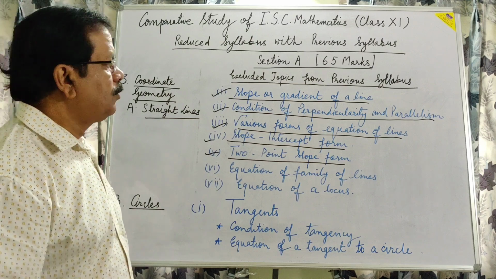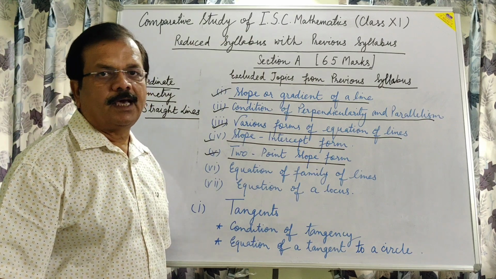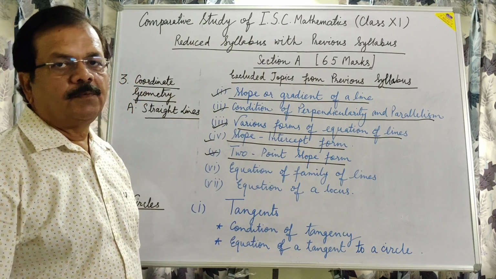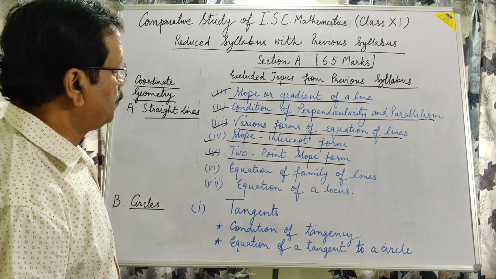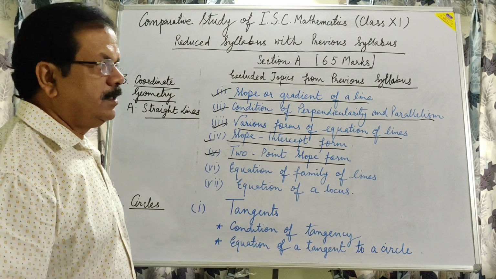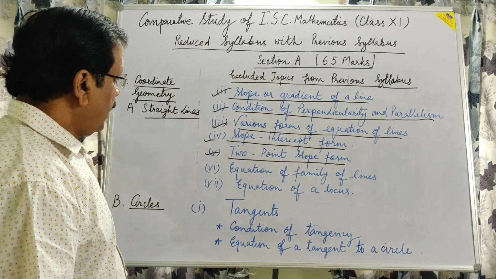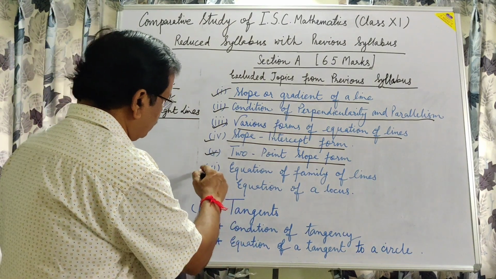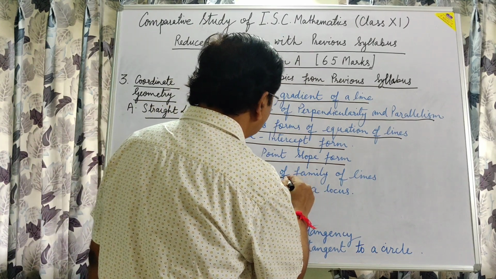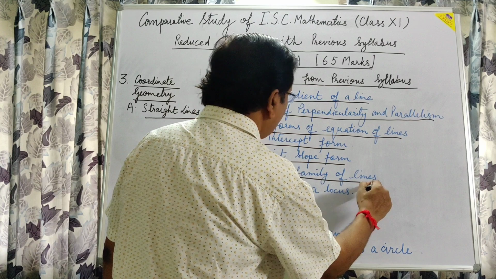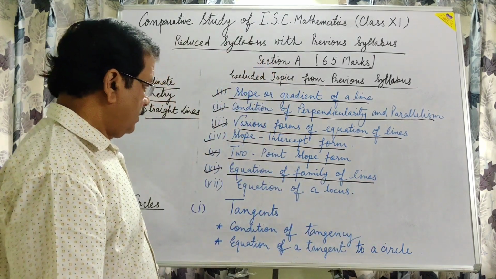These subtopics from the chapter straight lines are excluded from the previous syllabus, though these topics are not as important as required for the students. And now the sixth topic which is excluded from the previous syllabus is equation of family of lines.